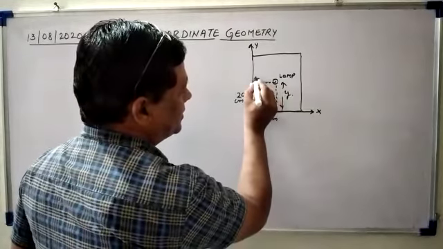Question number 2: two roads run in the east-west direction and the north-south direction. Both the roads intersect at the center of the city. This is the center of the city, which is considered as the origin.